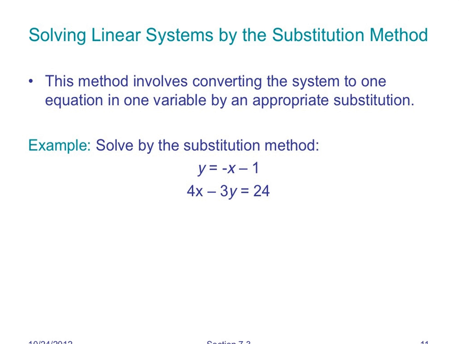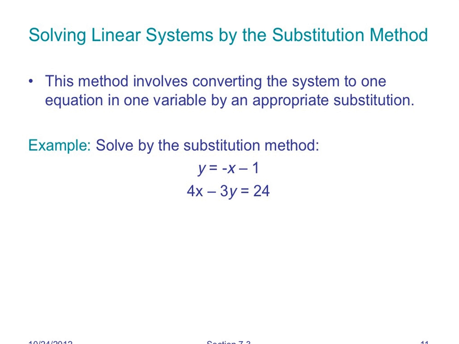What I'm going to do is look at my system here. I have y equals -x minus 1 and 4x minus 3y equals 24. If you notice, this first equation is solved for y. In other words, this y is equal to -x minus 1.